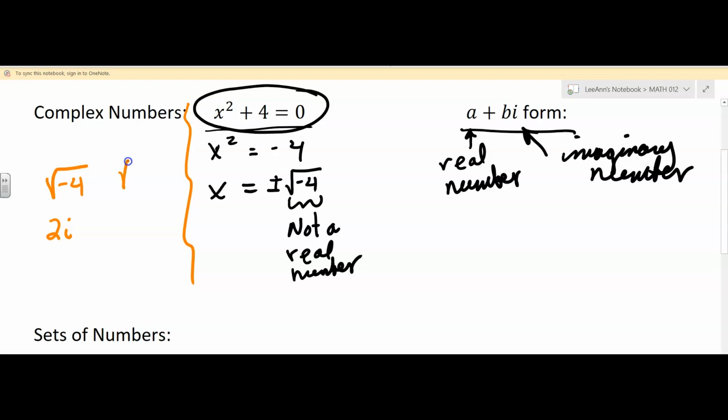So the square root of -1 is represented by the letter i, a lowercase italicized i. You can think about the square root of -4 as being the square root of 4 times the square root of -1, and that part is the i, and the square root of 4 is 2. So that's how these complex numbers are working.